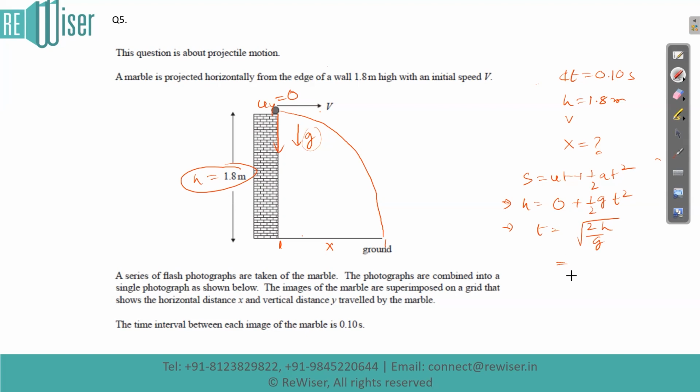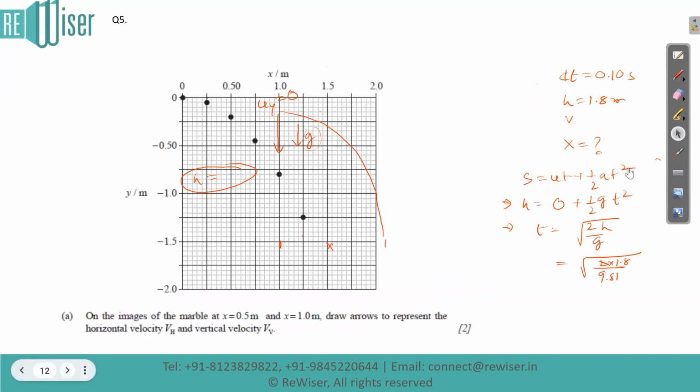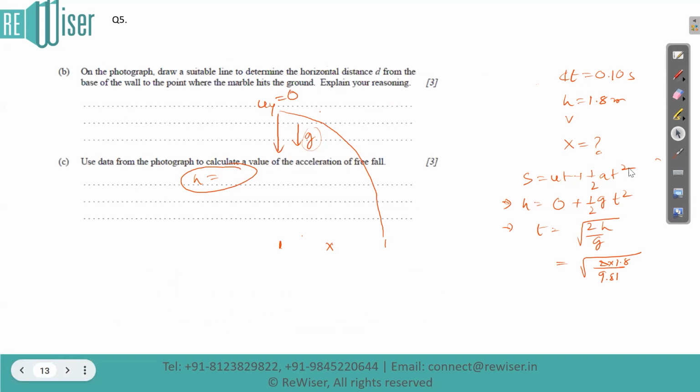I'll be able to find out the time, which is root of 2 into 1.8 divided by g. What are we supposed to take for g? Let us consider 9.81. They have not mentioned, right?